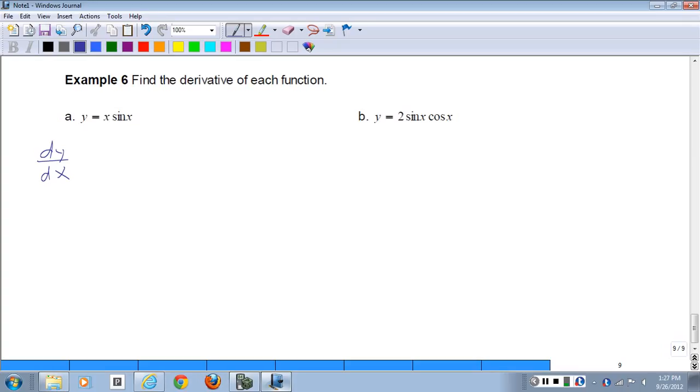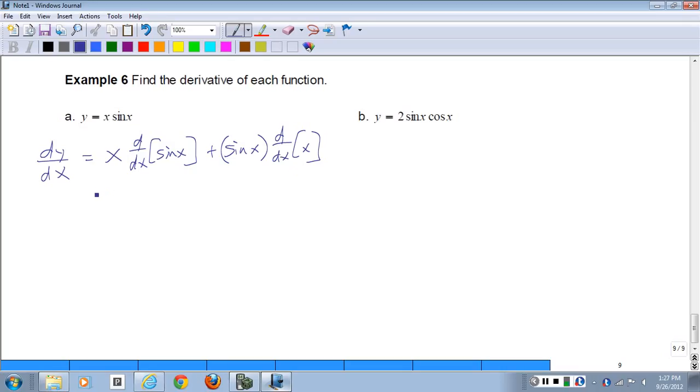dy dx equals the first times the derivative of the second plus the second times the derivative of the first. And then we simplify.